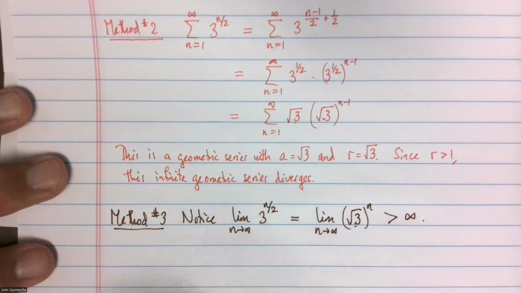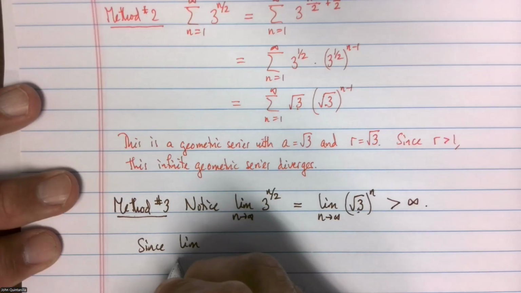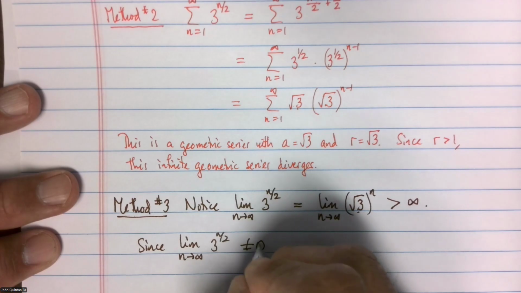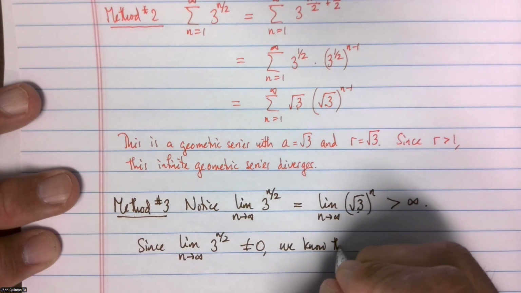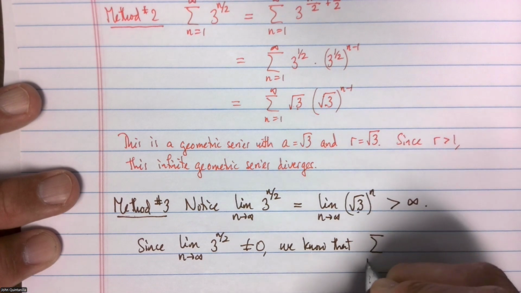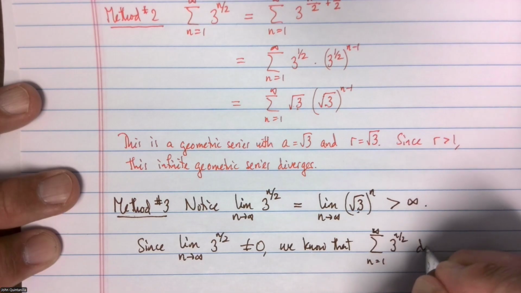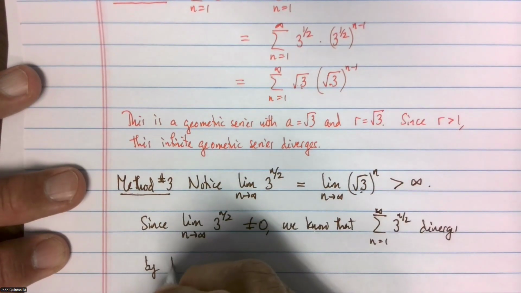In particular, this limit is not 0. So since the limit as n goes to infinity of 3 to the n over 2 does not equal 0, we know that the summation from n equals 1 to infinity of 3 to the n over 2 diverges by the divergence test.